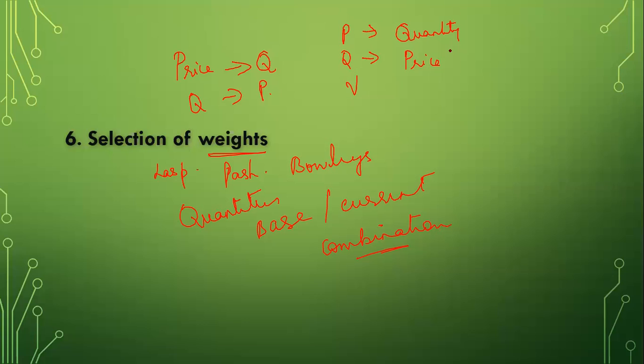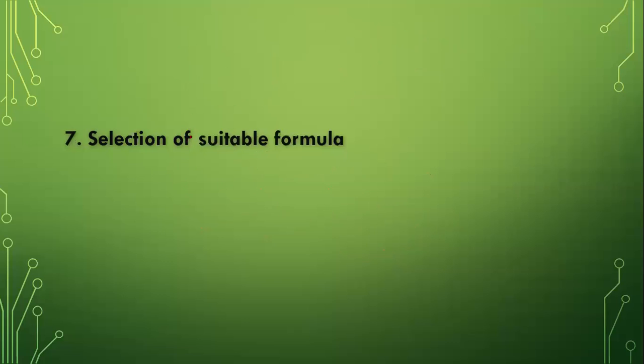Next one, the last method, selection of suitable formula. Now in the upcoming classes you will learn various methods under price index, quantity index. There are various methods of construction of index number. So selecting a suitable formula is also one of the problems of index number.